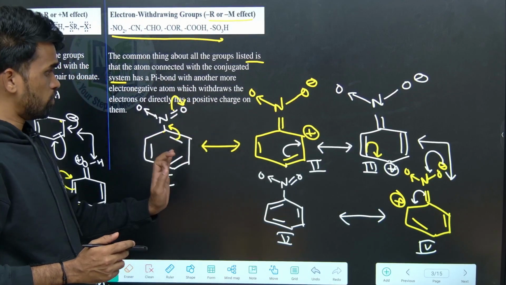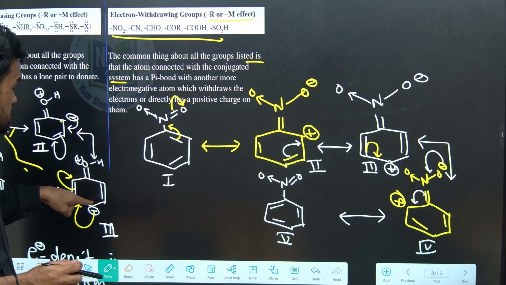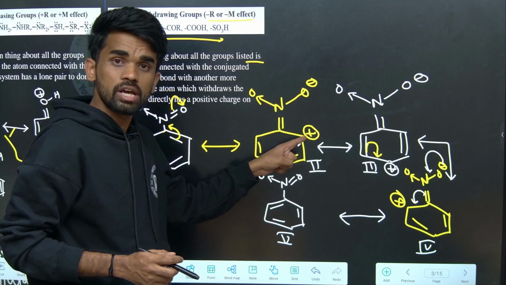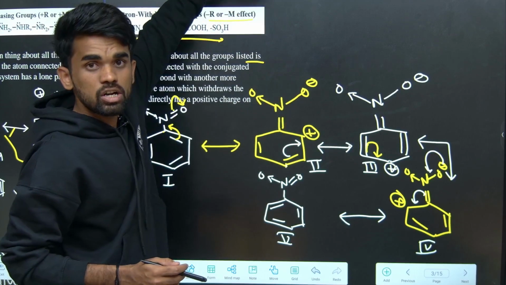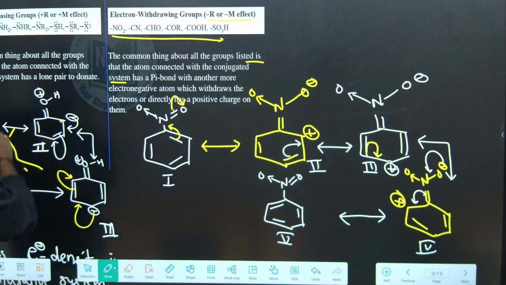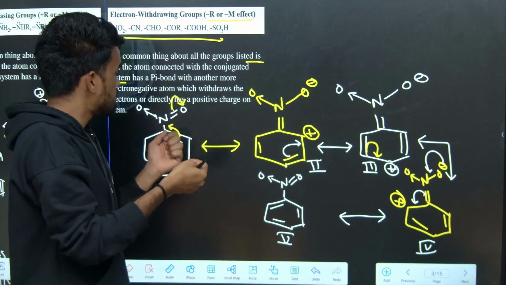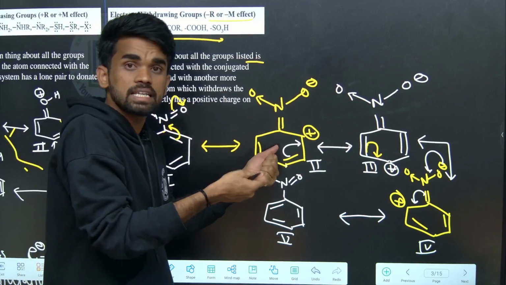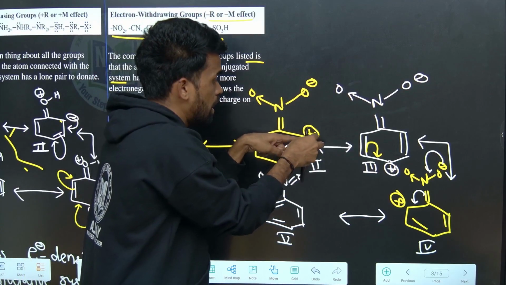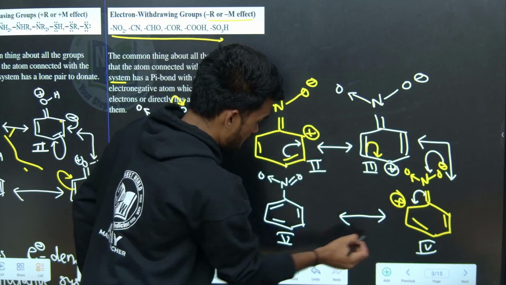Now one thing you need to remember is, when an electron releasing group is there, there is negative charge in the system, but when an electron withdrawing group is there, they are dragging the electrons towards themselves. See, electron movement is towards the electron withdrawing group, away from the ring. It means the electron withdrawing group is decreasing the electron density, creating an electron deficiency at the ortho and para positions.